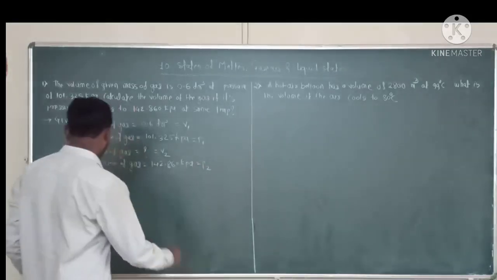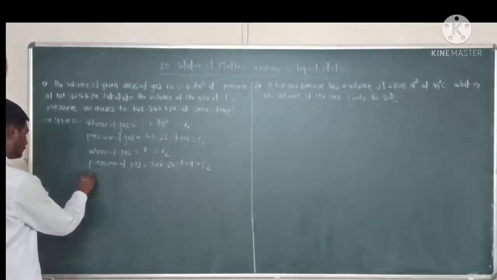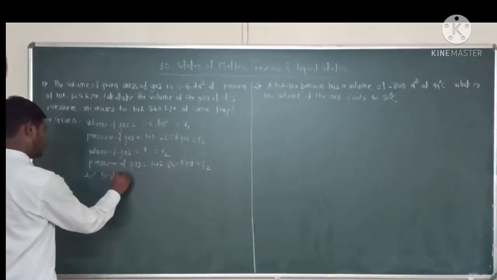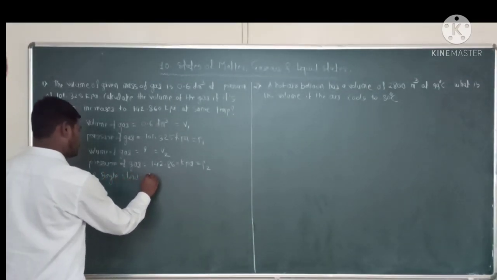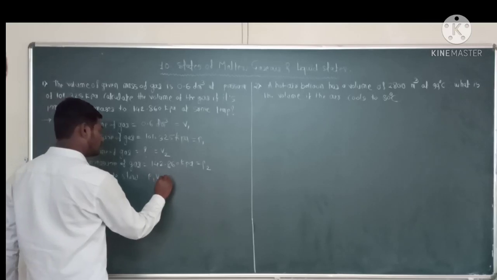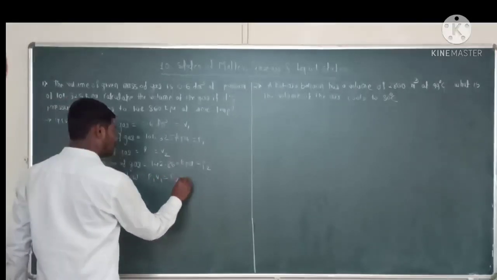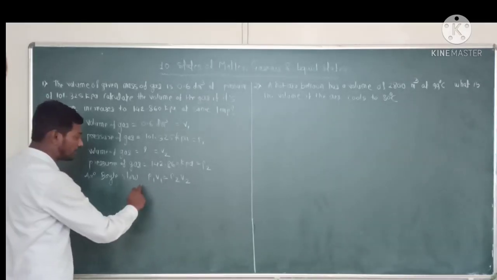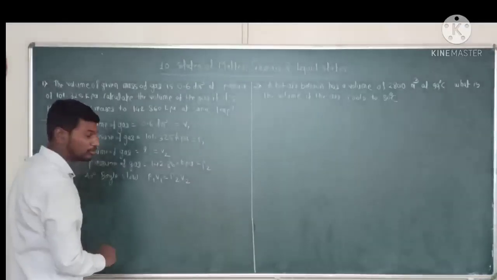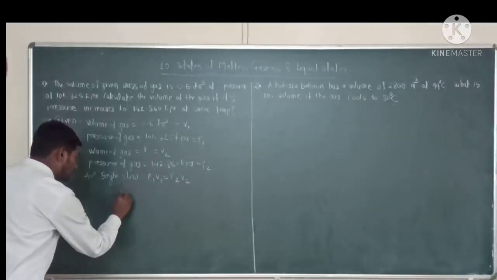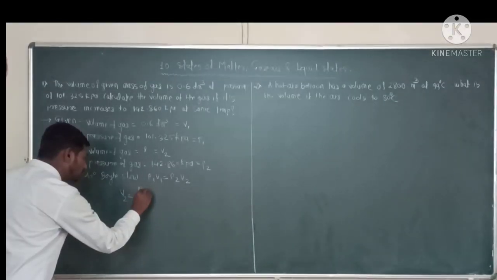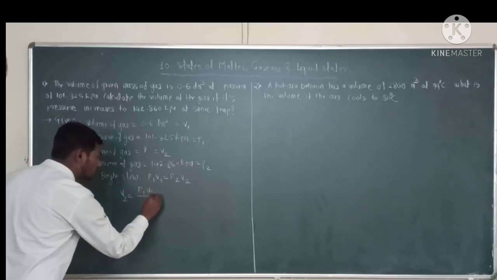Now according to Boyle's law, P1 V1 is equal to P2 V2. Rearranging this formula, we get the new equation, that is V2 is equal to P1 V1 upon P2.